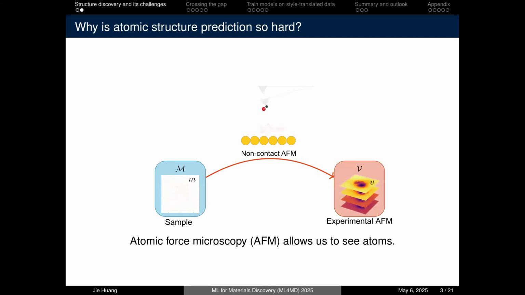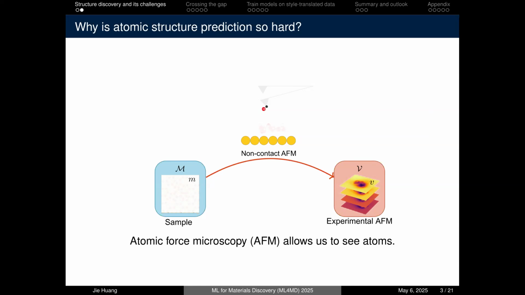So we want to see the atoms, so we can take photos using atomic force microscopy. Unlike usual photos, we are not recording the light intensity. We encode the force information, and also we can move the tip around along the z-axis so that we can get slices of images.